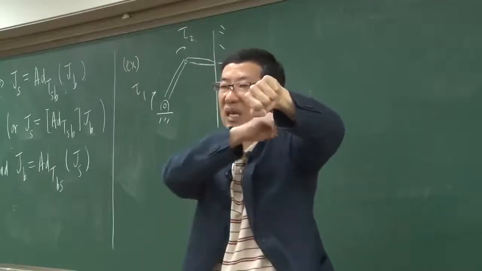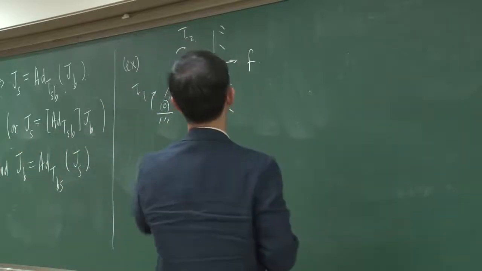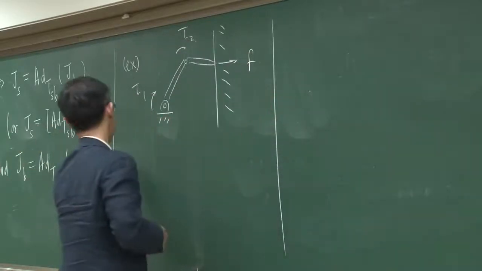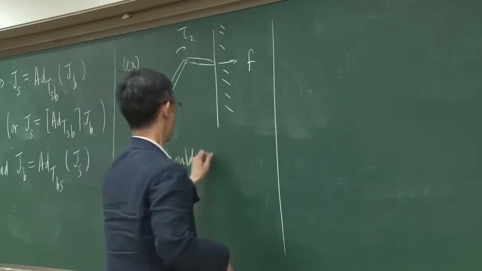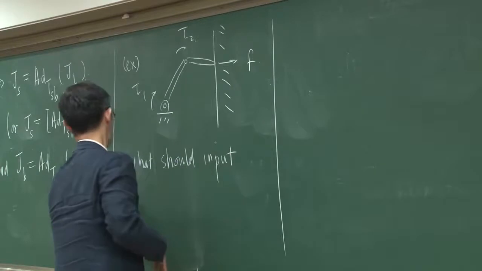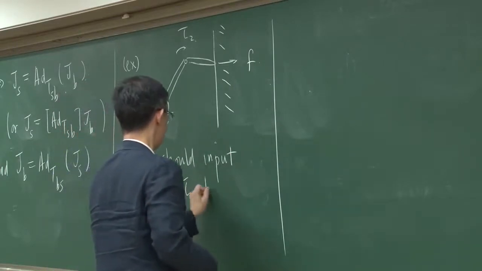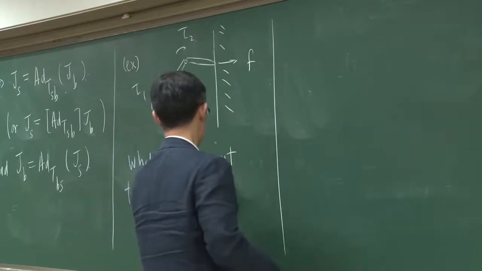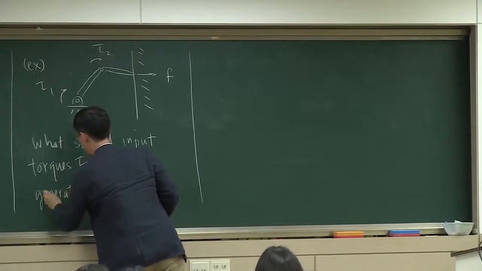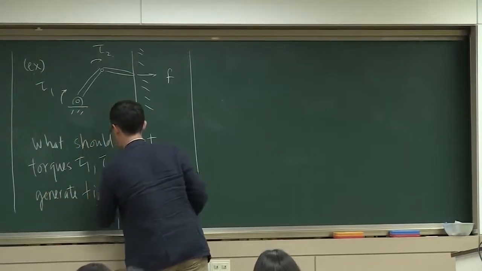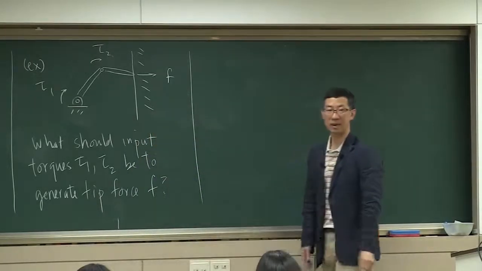So what should the input torques tau 1, tau 2, and so on be to generate a tip force F?